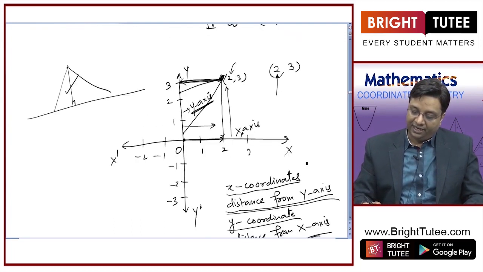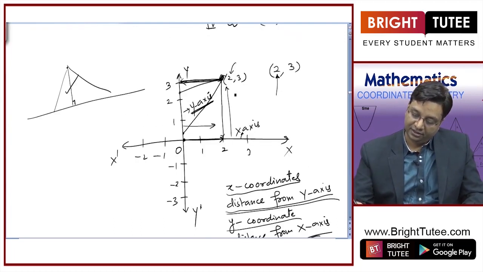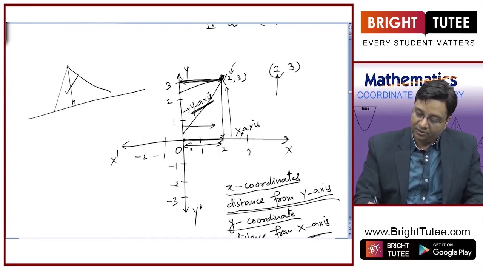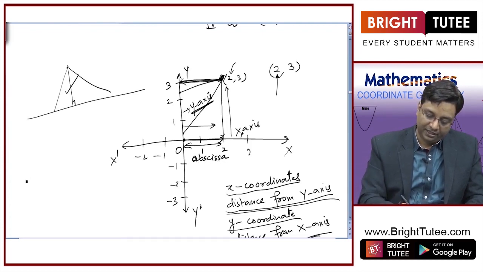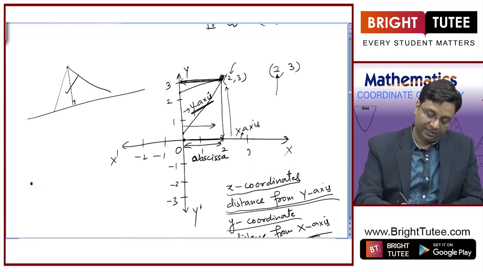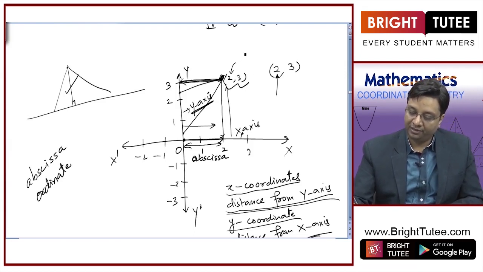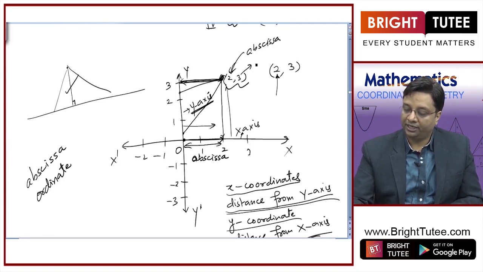Okay, and this distance is also known as abscissa, right? Distance in x direction is also known as abscissa, and in y direction it is also known as ordinate. For example, for this point, abscissa is 2 and ordinate is 3.